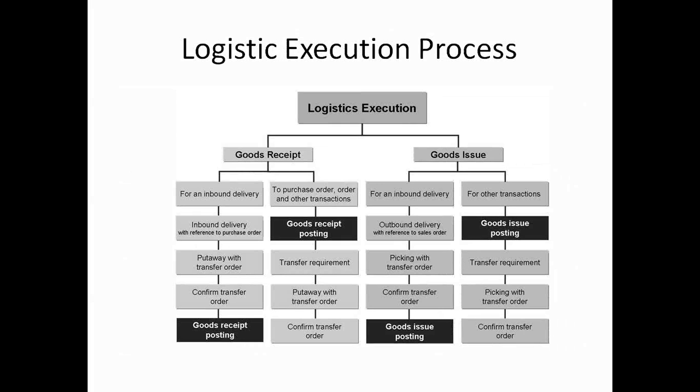Either in the case of goods receipt or goods issue, the TR and the TO may happen after goods receipt or before goods receipt, depending on the situation. If it is before goods receipt, then a negative quantity is generated. When it is after goods receipt, the TR and the TO give a positive quantity, and then the positive and negative get nullified and the stock is updated accordingly. So this is the bottom line, the gist.